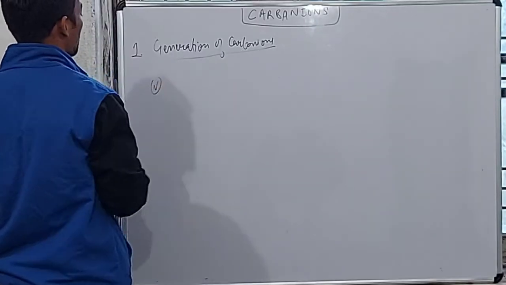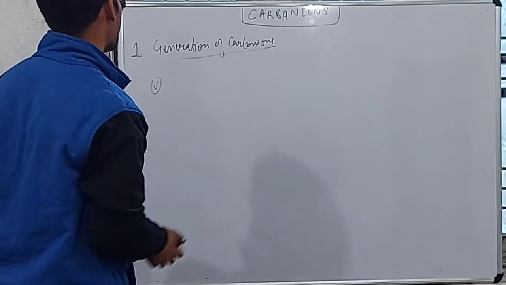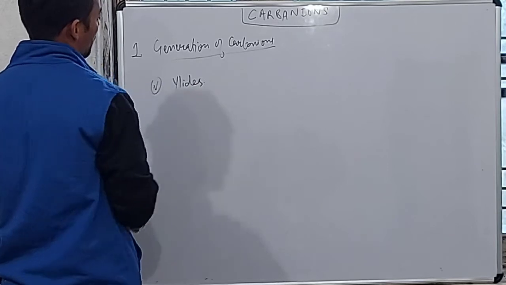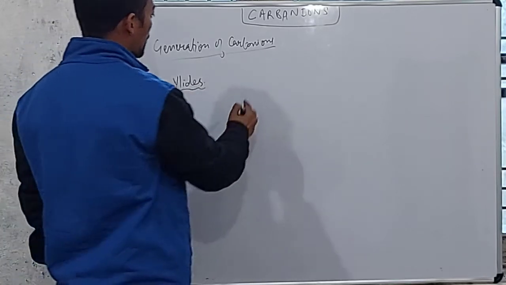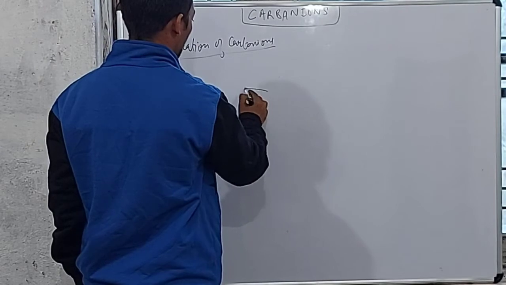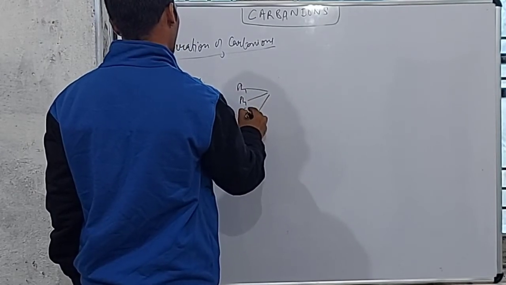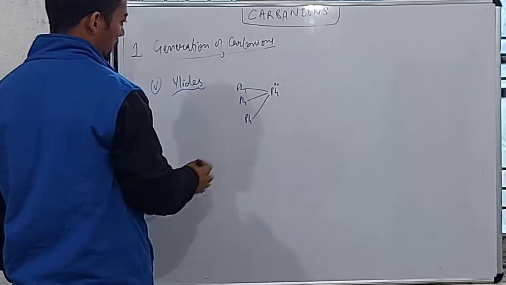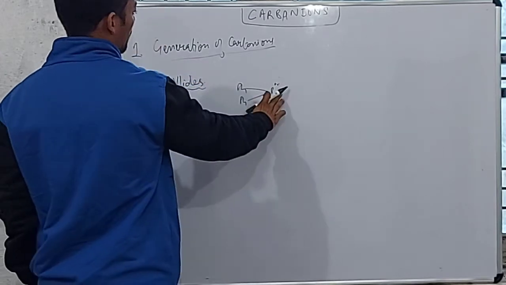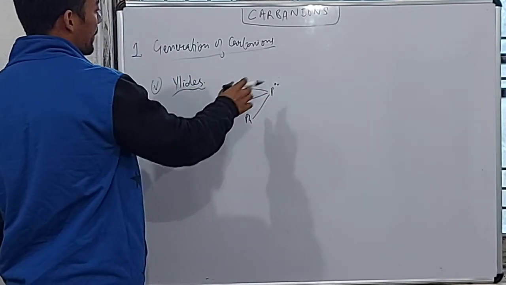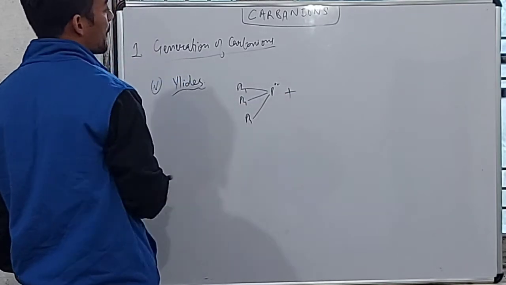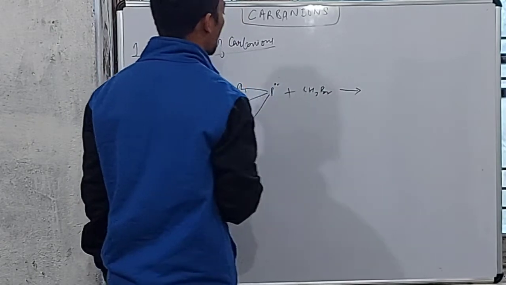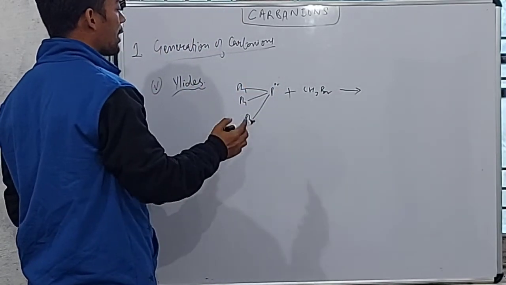Our next method is how halides act as carbanions. How do we get halides? Suppose we have triphenyl phosphine. When we react triphenyl phosphine with an alkyl halide, for example CH3Br, this will form an organometallic-type compound.